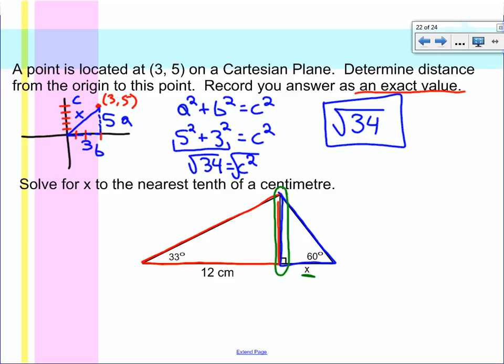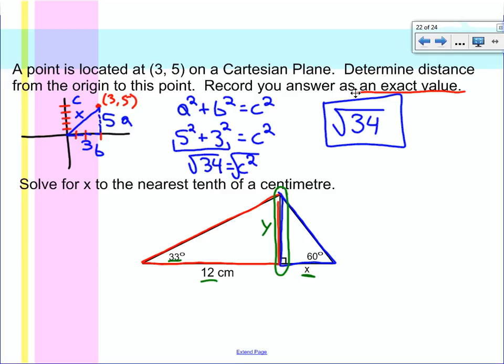If we look at our red triangle, we have a side and an angle. If you have a side and an angle, you can use Sohcahtoa to find whatever you want. So our first step is to find this side that they share. I'm going to call it y. I'm not calling it x because they've already used the letter x. So I need to find side y. My first step is label my triangle. So I'm looking for my opposite. I have my adjacent.